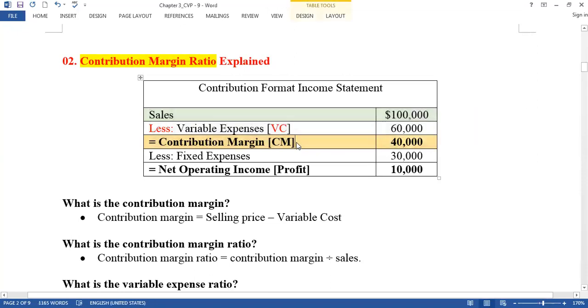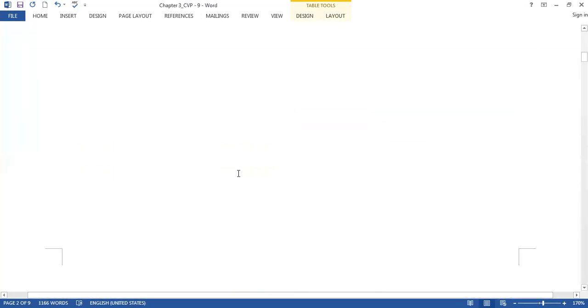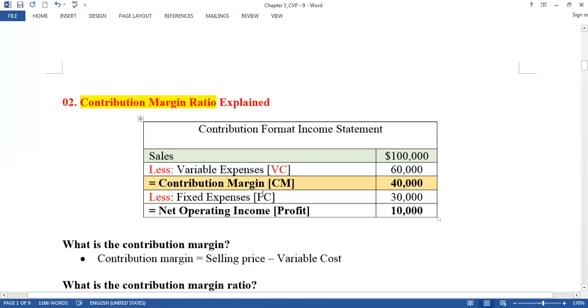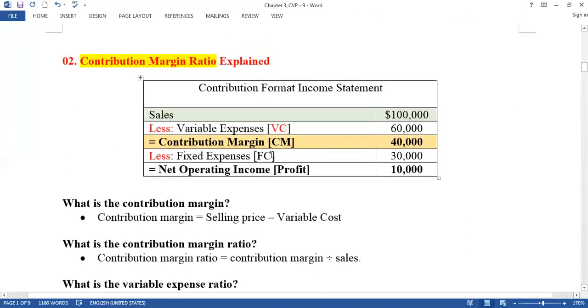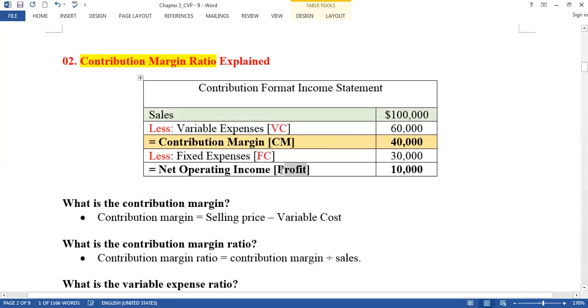From contribution margin, we are going to deduct the fixed cost. Like here, the contribution margin we calculated minus fixed cost equals profit.